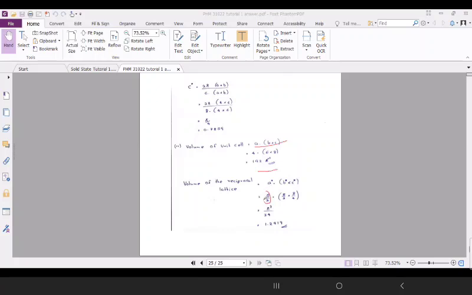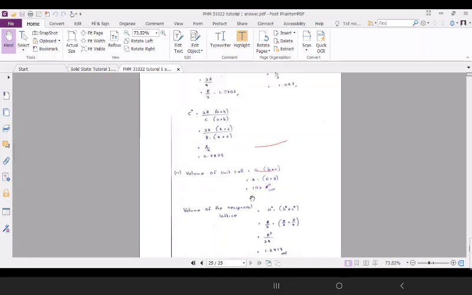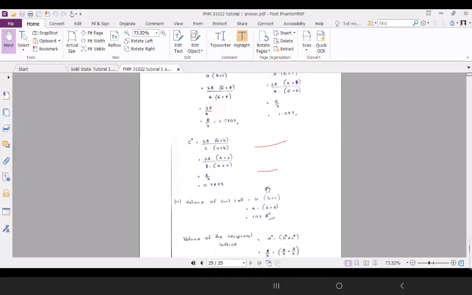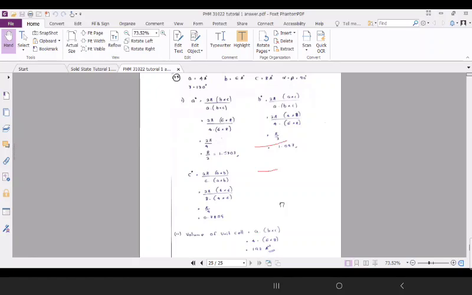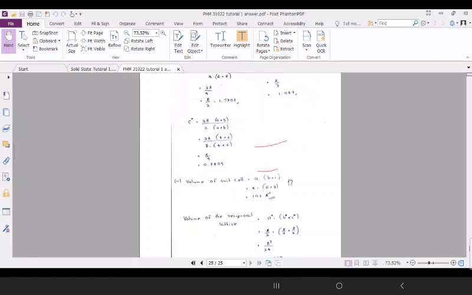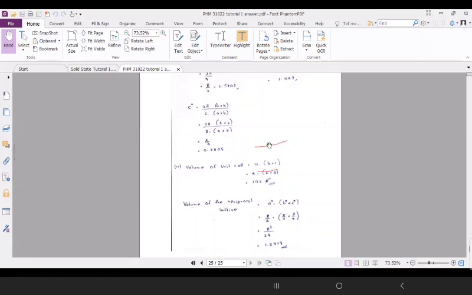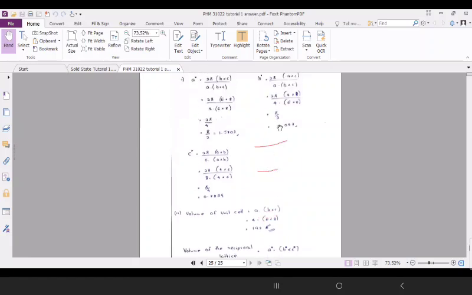So see, pi by 2, because what is the a value? Four, 6, 8, right? So using that, you have to calculate the a, b, c values.